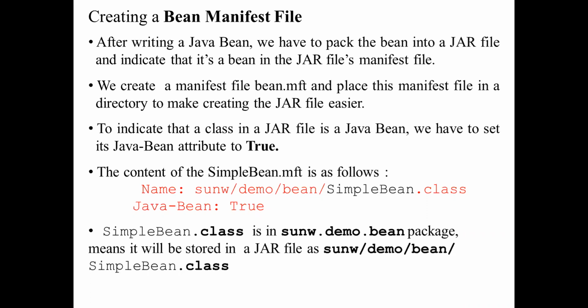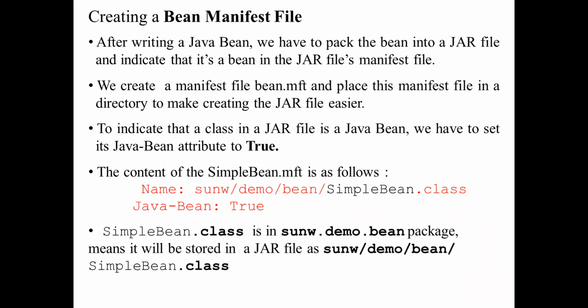To indicate that a particular jar file contains a Java bean, suppose I have to use a class file in the jar file, we have to set the Java-Bean attribute to true. How will the syntax be written? Name: sunw/demo/bean/SimpleBean.class, and the attribute Java-Bean: true.